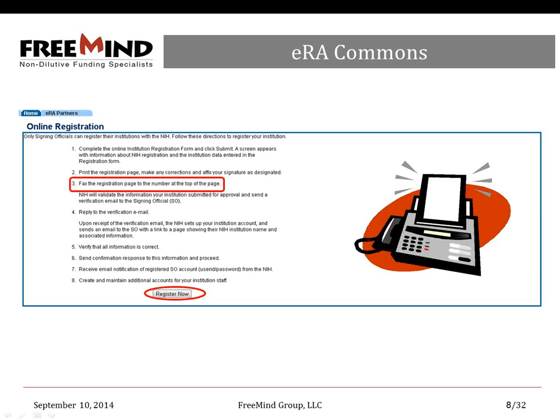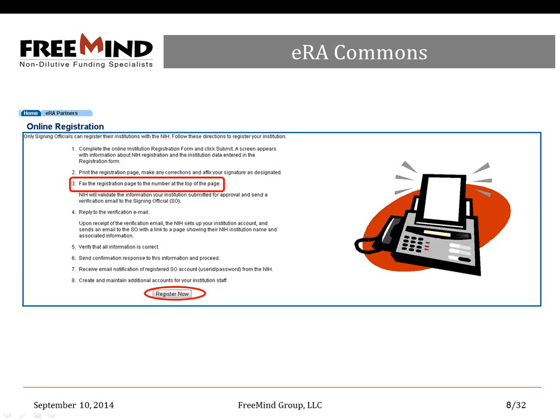But the confirmation email essentially only says that on the condition that you did send the fax, then you did request an account. So it's very, very important to read this carefully and to fax the registration page once you're done with it.